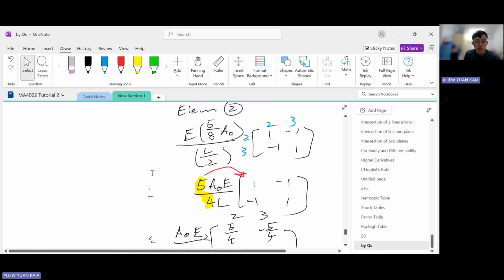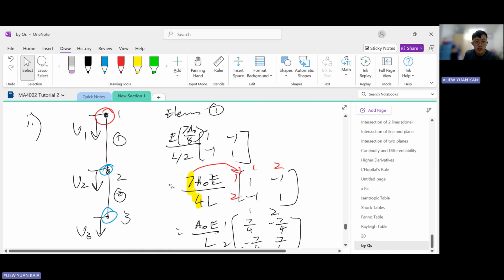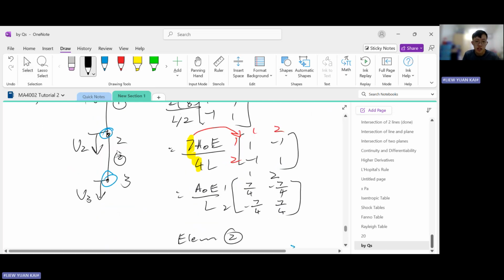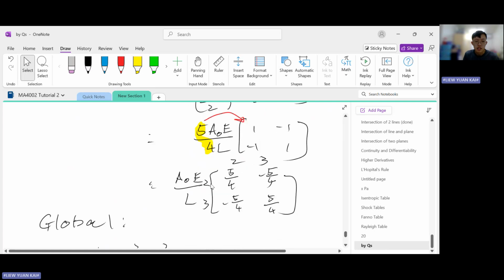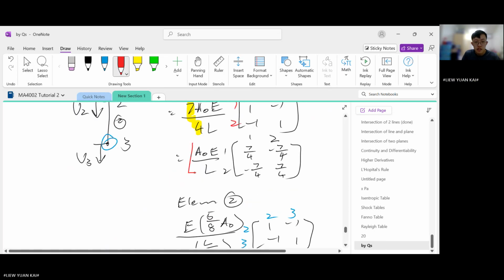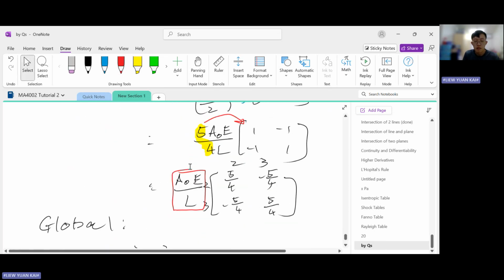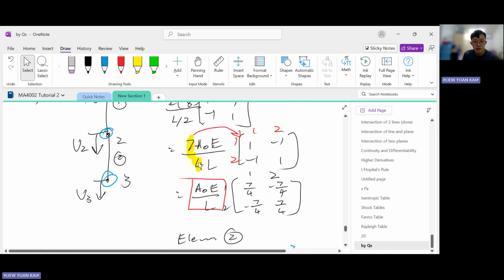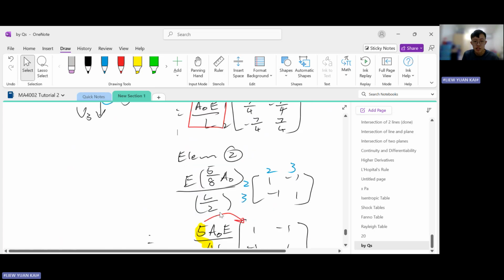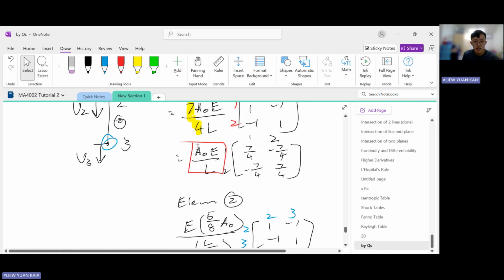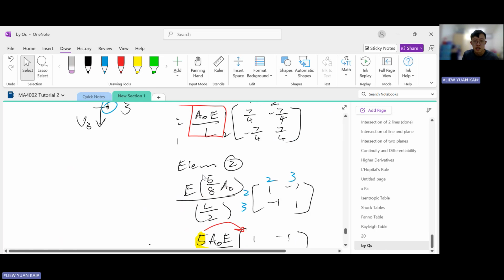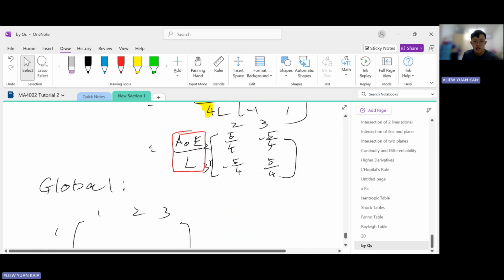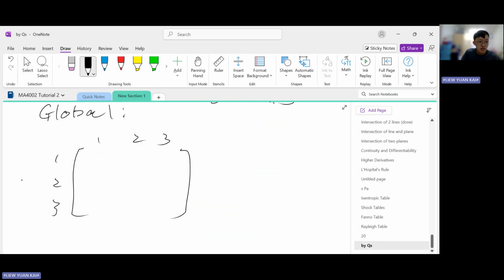The reason why I multiplied the 7/4 and the 5/4 in is that when you look outside of the matrix, they both have a common factor of A naught E over L. If I didn't multiply in that 7/4 and the 5/4, they would be different, right? Now they have a common factor of A naught E over L. So that's why I can put that outside.